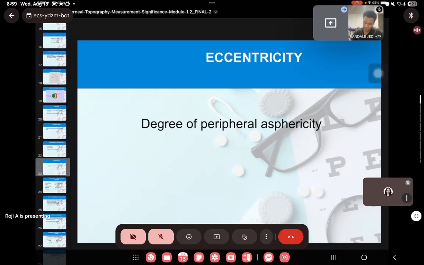Eccentricity, as I've said, is defined as the degree of peripheral asphericity, or in other words, the amount of flattening from the center to the periphery. Are we clear? Very good.